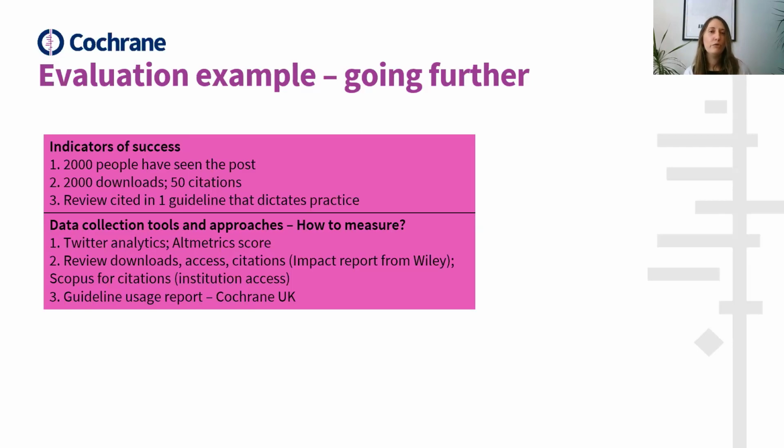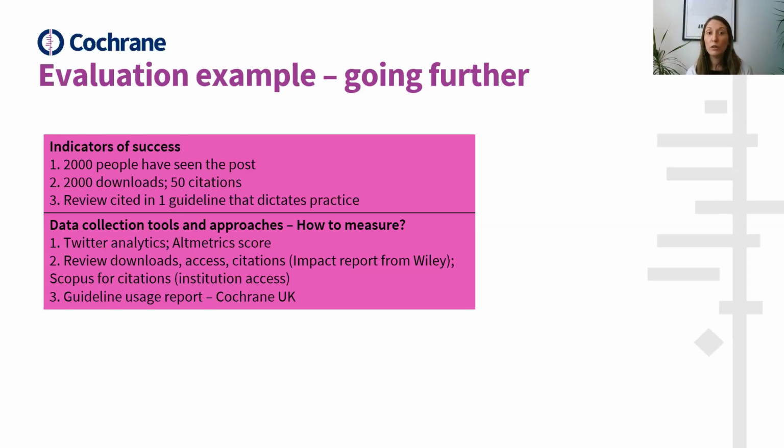Say a very popular review the previous year received 1,800 downloads, and now you want to receive more, or the same with the citations. It's just an example. This is not based on real data, unlike the short-term outcome we presented, but it's something we want to share as an example that you could use.